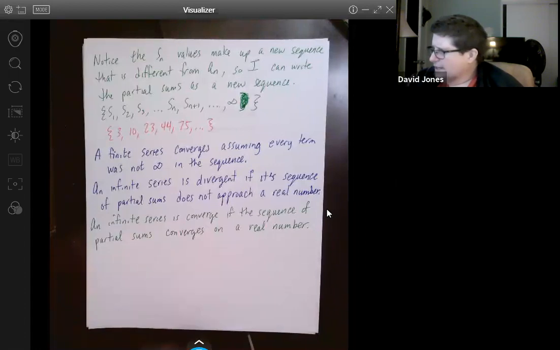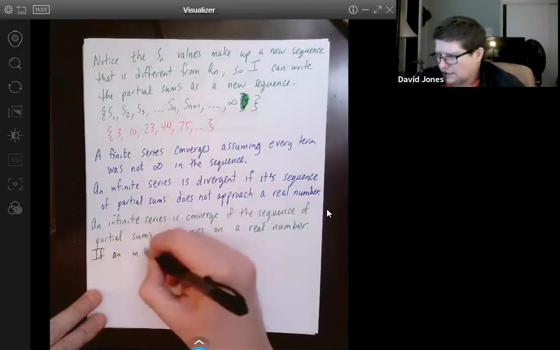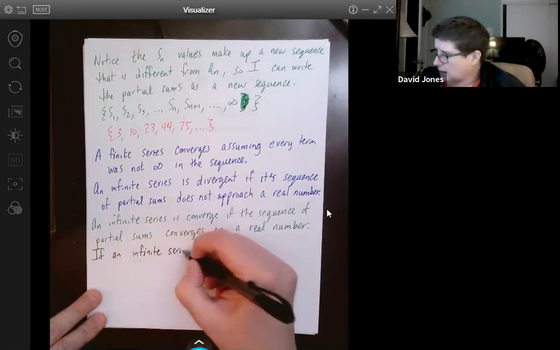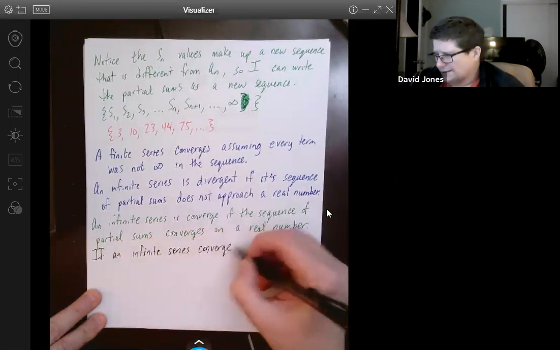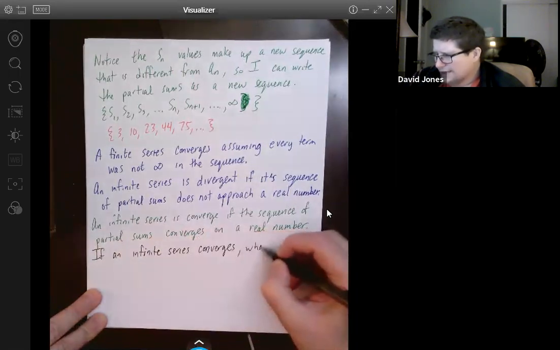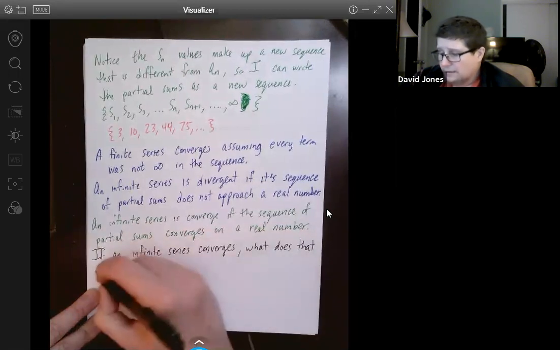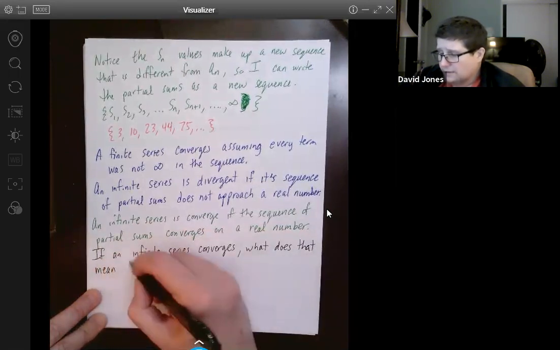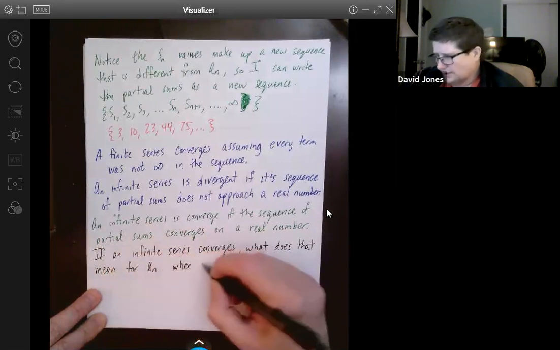So if an infinite series converges, what does that mean for a sub n when n is really large?